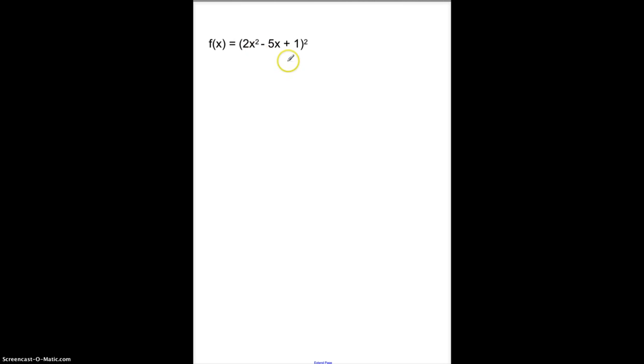Suppose I want to do f of x is equal to 2x squared minus 5x plus 1, quantity squared. I'm not going to break this up. I'm just going to do this. Here's my inner function, all right? So when I do df/dx, I see this is my inside function, and this is what actually goes on in my head. So I'm going to hold that constant. This is raised to the power, so this becomes 2 times my inner function.